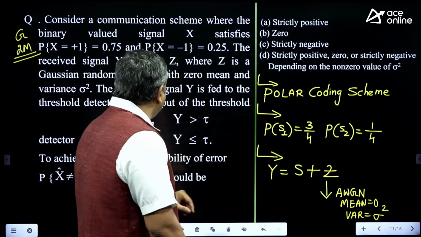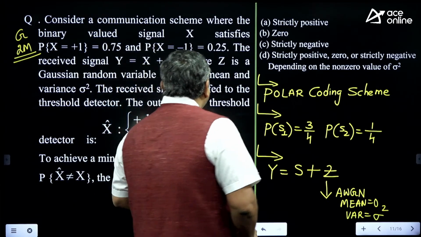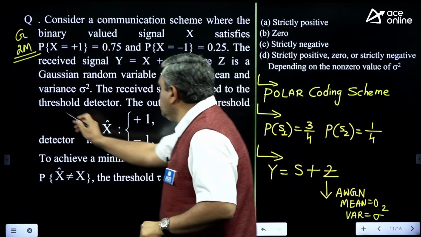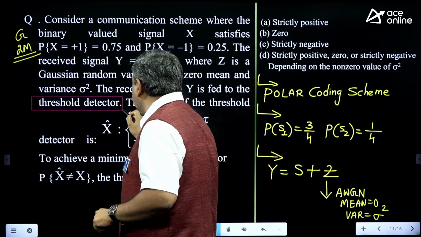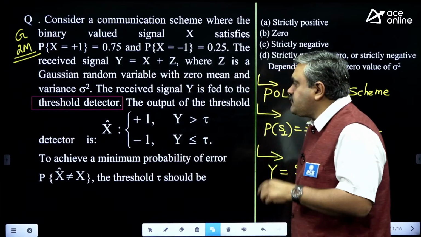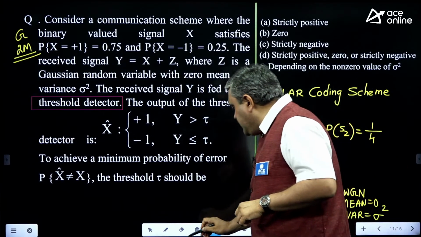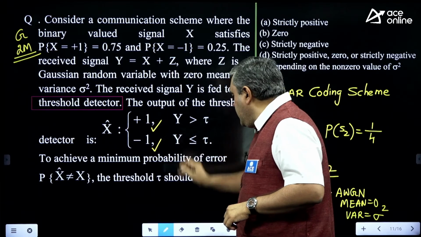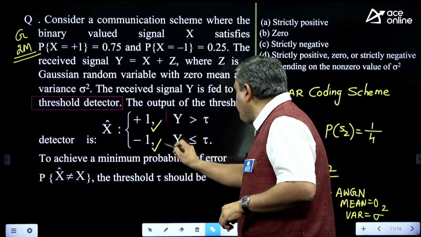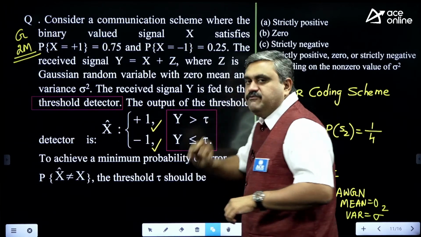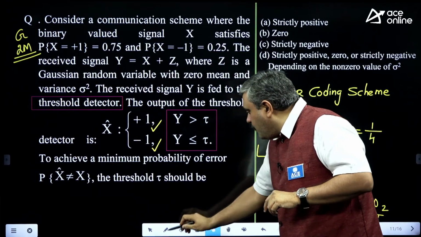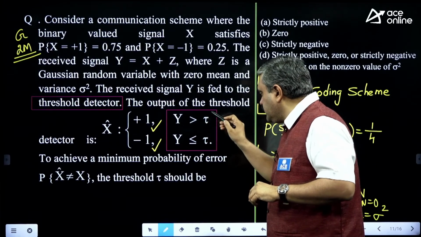Okay. Now what is he saying? The received signal y is fed to a threshold detector. So he is using this word threshold detector. The output of the threshold detector can be either plus 1 or minus 1 depending on the value of threshold voltage which you are setting here. That threshold voltage is nothing but tau.